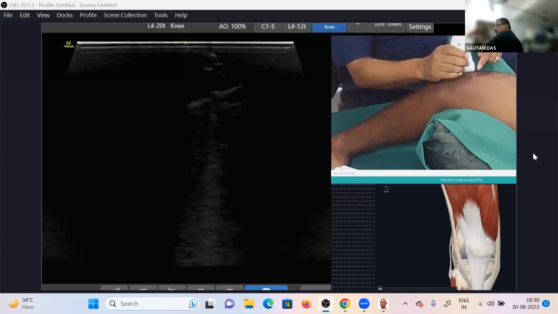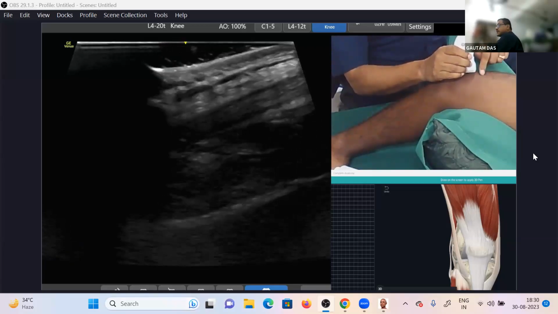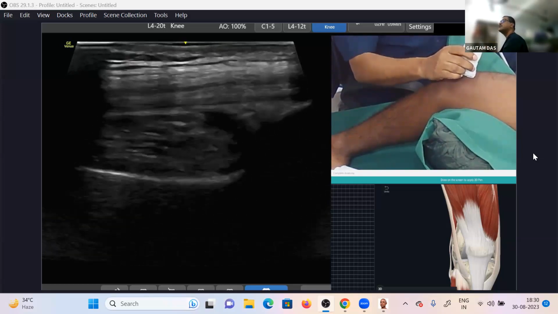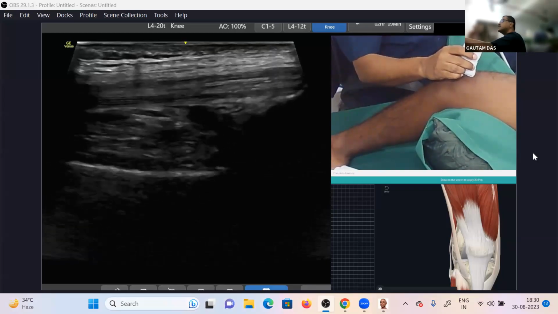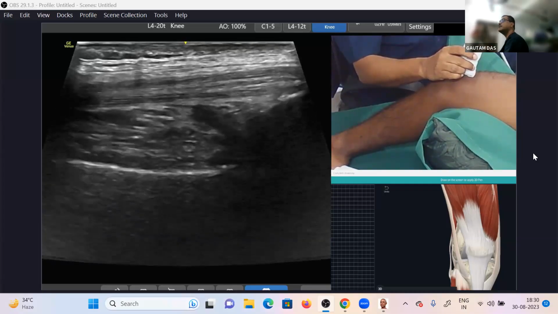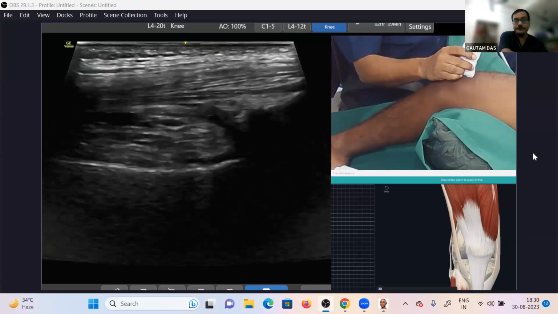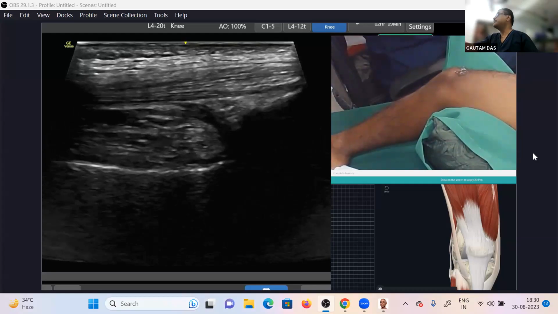So the aspect marker is on this side, and this side of the screen is your left side of the screen, and this side is your right side of the screen. So if I get the picture like this, let me increase the gain a little bit. So what you can see here, this is the home page.